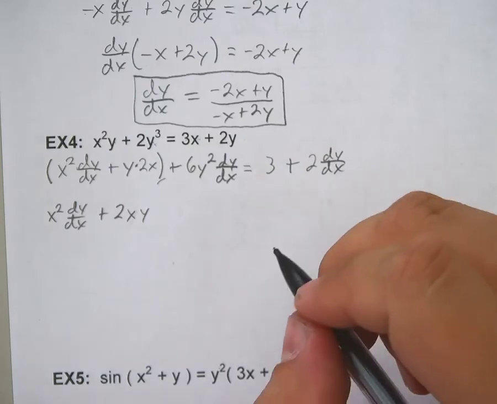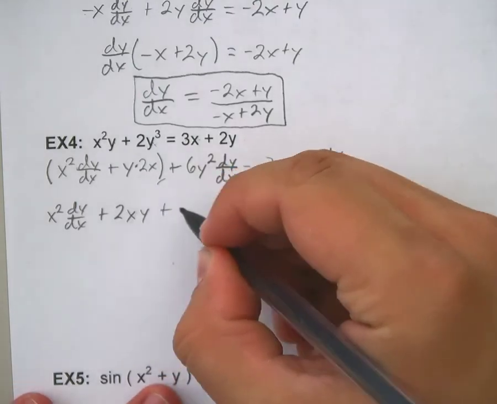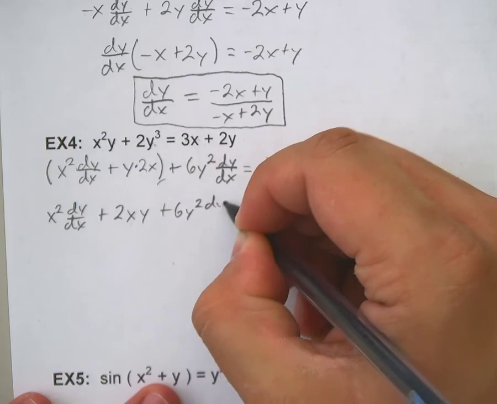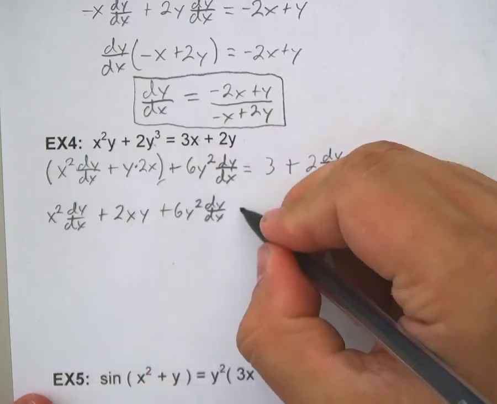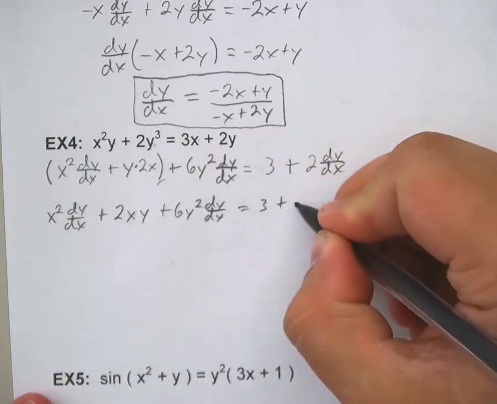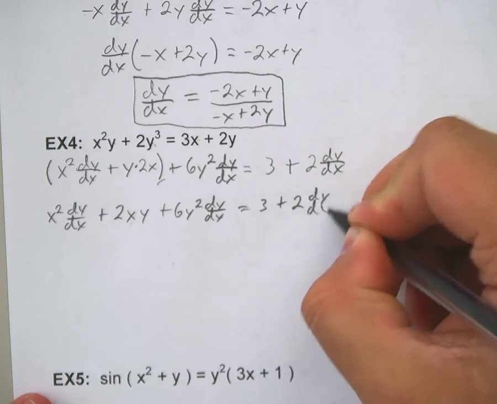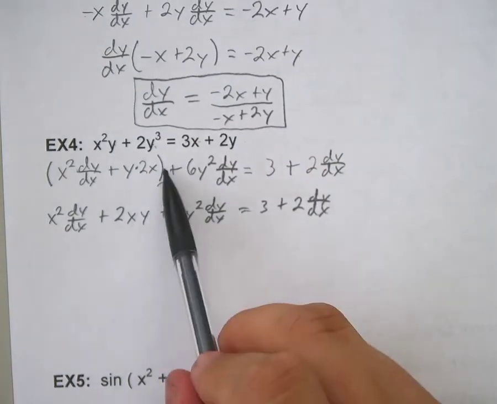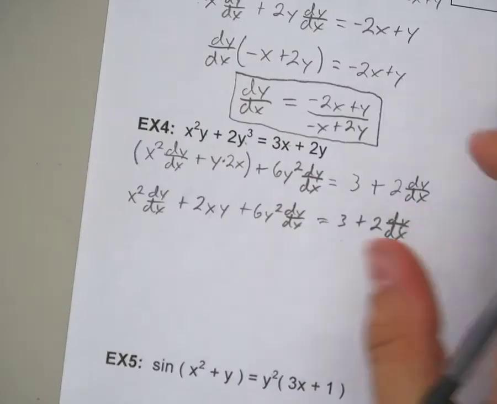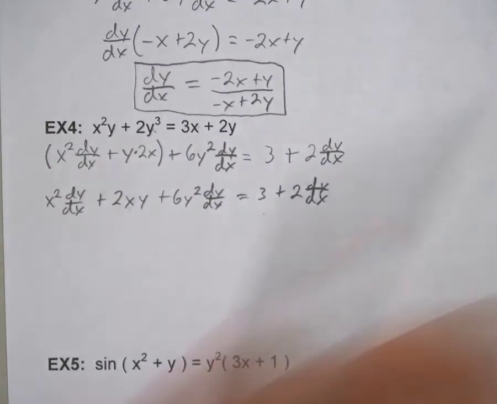And then I've got plus 6y squared dy dx, equals 3 plus 2 dy dx. So all I did is drop my parentheses and put these in order.